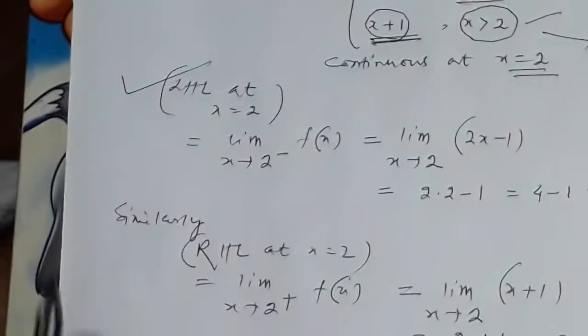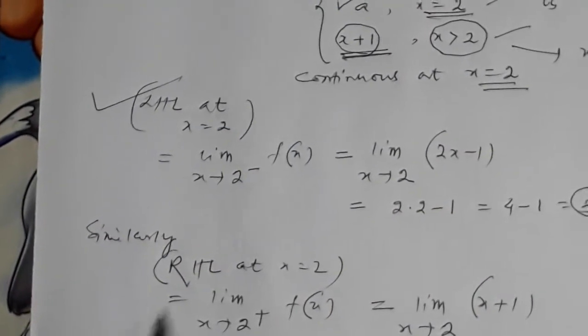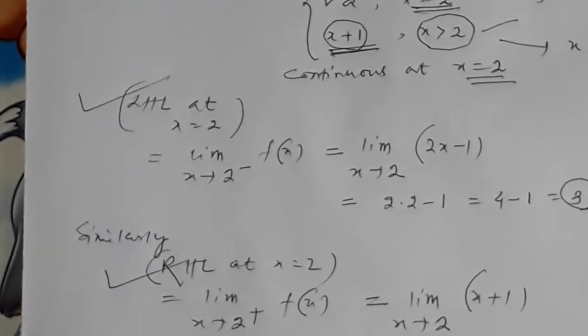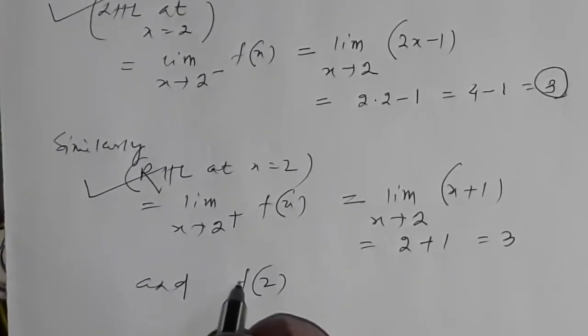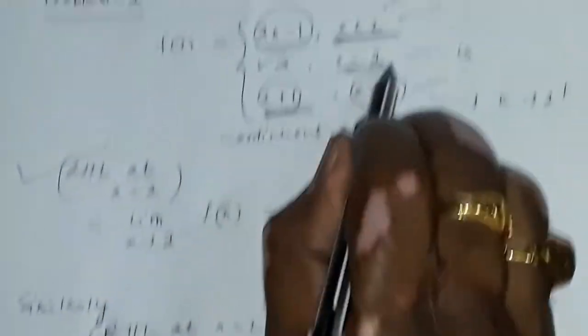Here left hand limit at x equals 2 equals right hand limit at x equals 2, and f(2): for x equals 2, the function is a, so f(2) equals a.